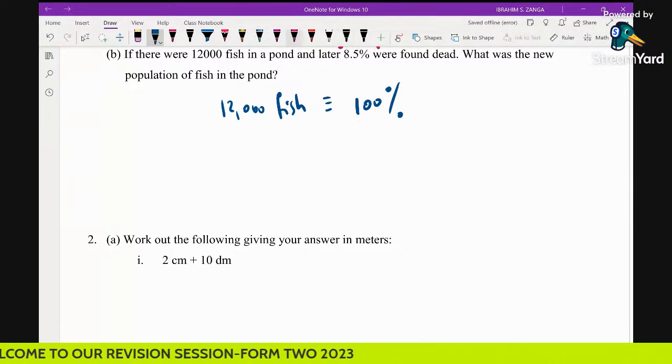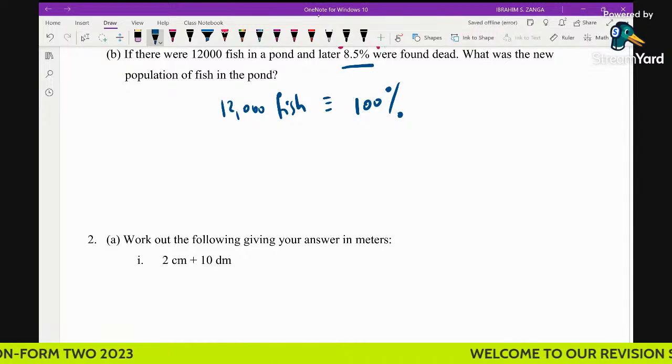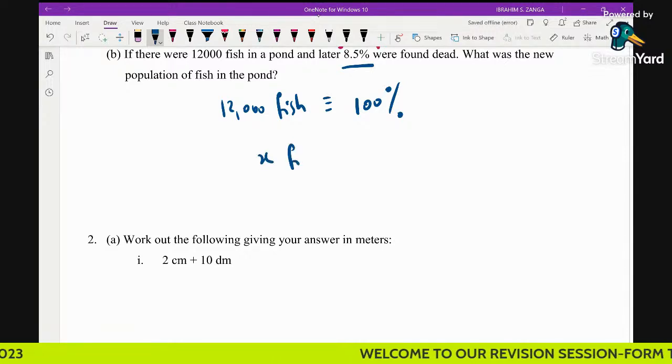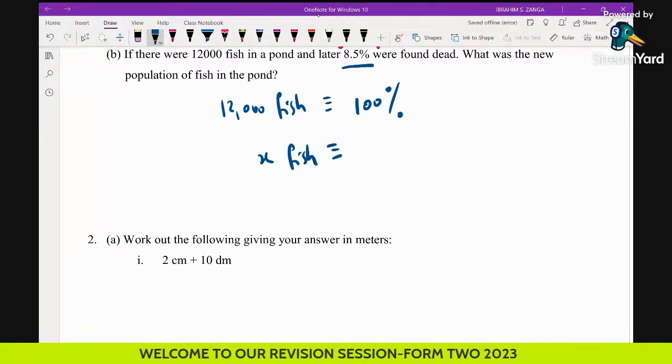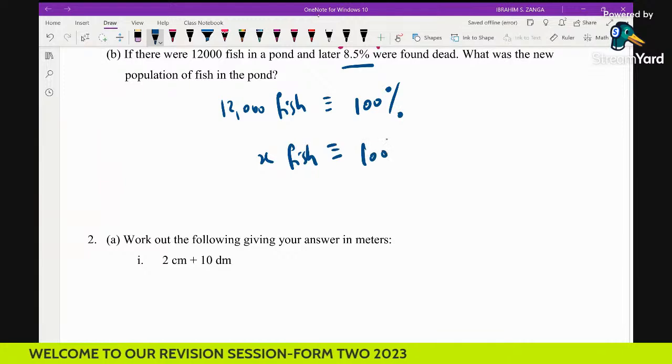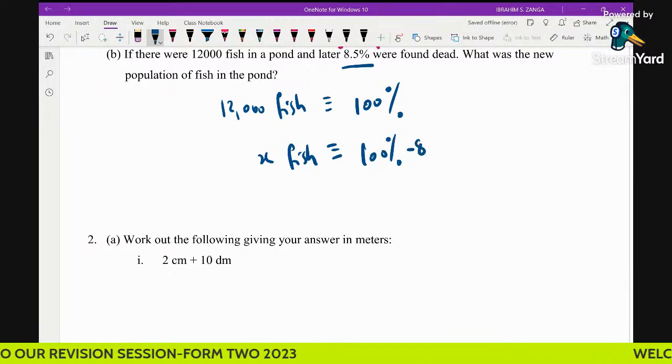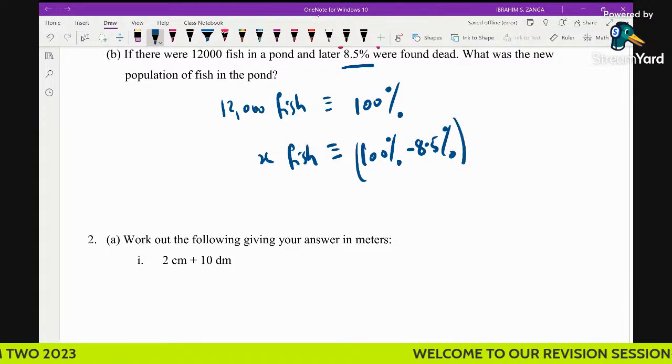After 8.5% of the fish are dead, we are looking for how many fish will remain, and this will be equivalent to 100% minus 8.5%. So we are looking for x here.